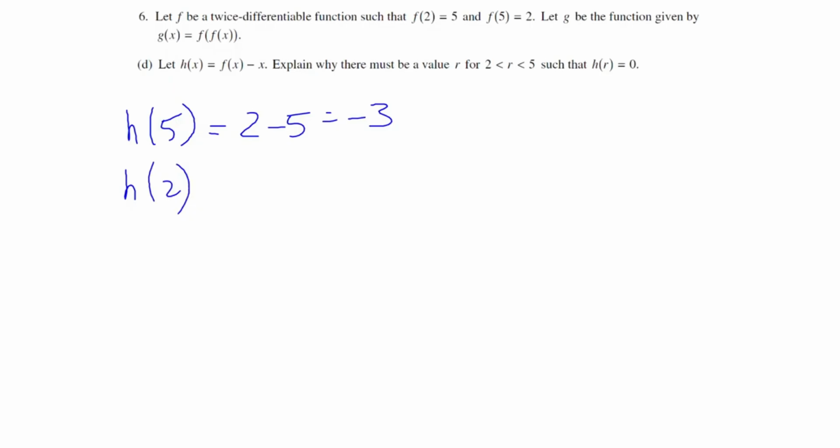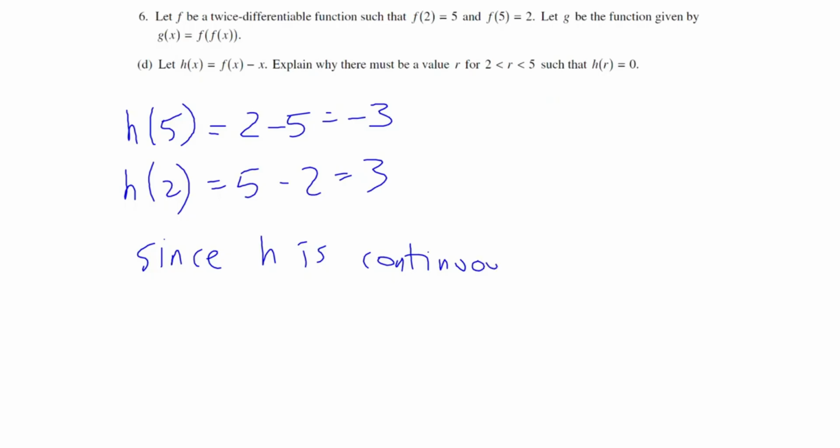Well, h of 2 is just going to be 5 minus 2, which is 3. And we can see that there's a sign change between h of 2 and h of 5. We go from positive at h of 2 to negative at h of 5. And we'll say since h is continuous, which we know it's continuous because f was continuous, and if we just subtract another continuous function, it must be continuous, the intermediate value theorem applies.